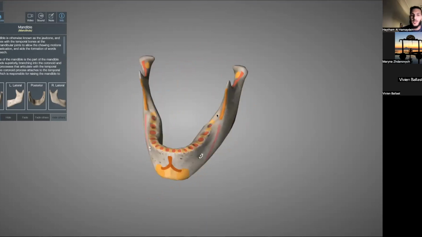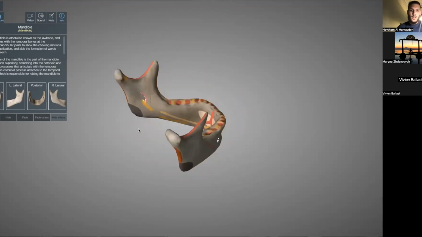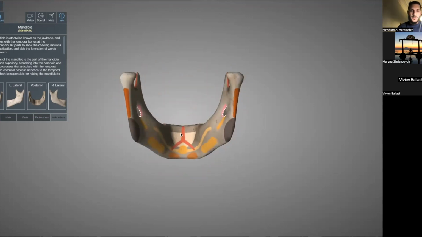Okay, so it's this region. It's a space behind the last molar. Yeah, it's in your pins. Okay, and the last one, it's this surface here. It's also in your pins.